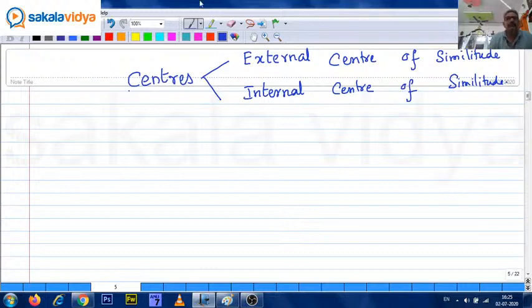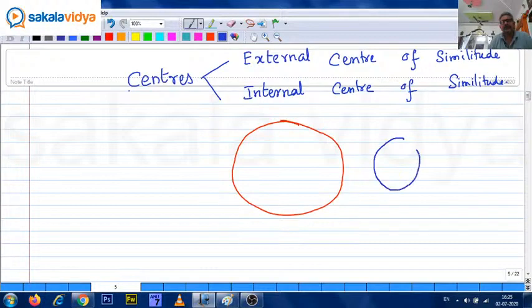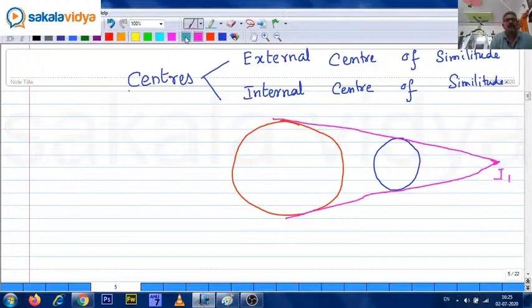So for example, see, the two circles like this. Two direct common tangents can be drawn. They meet at a point, say I1. Now you join their centers. This is C1, say this is C2.